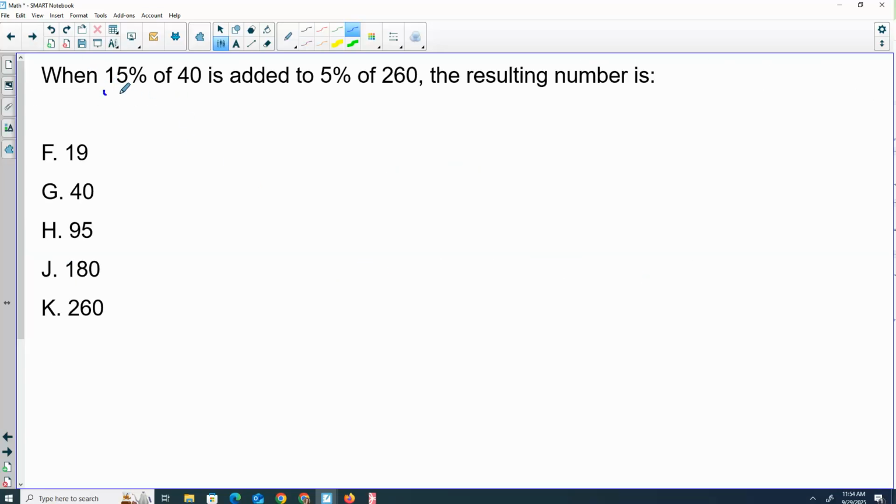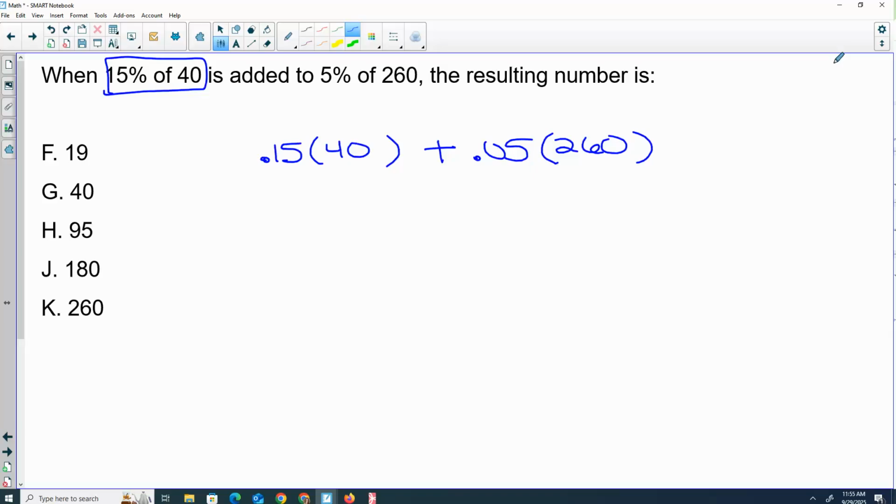When 15% of 40, so 15%, 0.15, of means times 40, is added to 5%. What would 5% be as a decimal? 0.05. Of, so times 260.